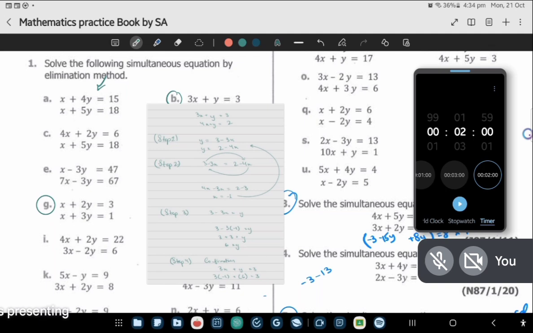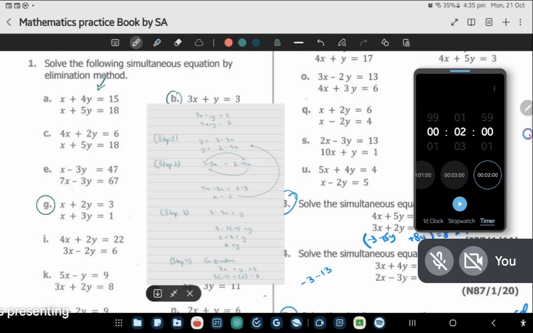X is equal to 7. Okay, were you able to do the answer?